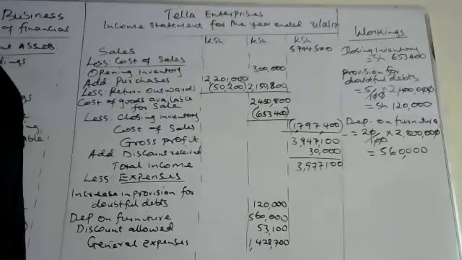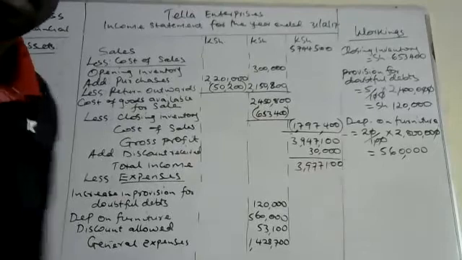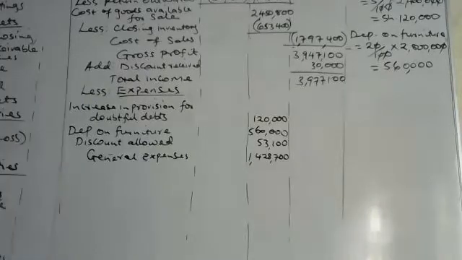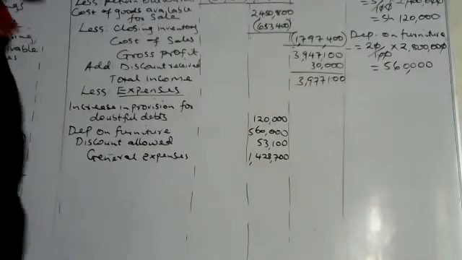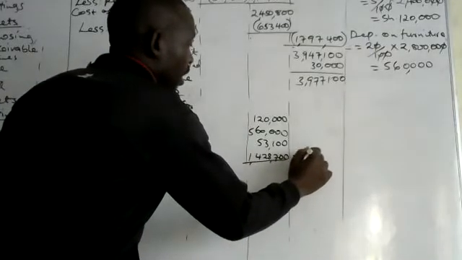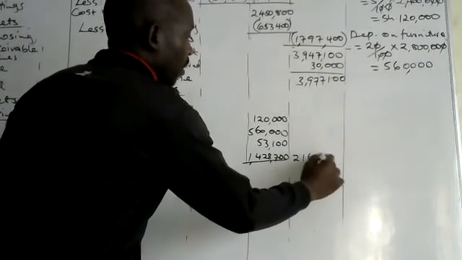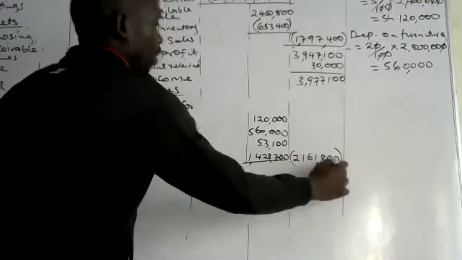Somebody to add for me that. $2,161,800. Okay, those are now the total expenses.